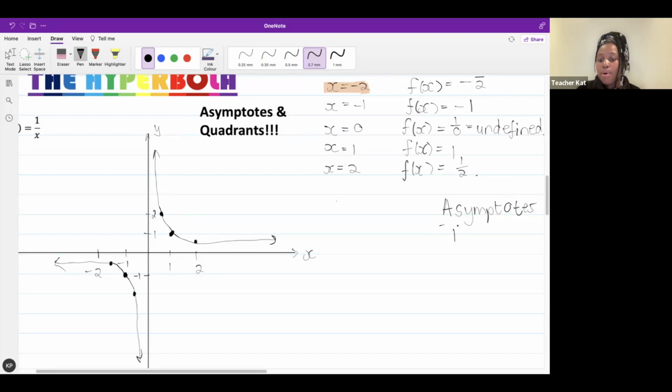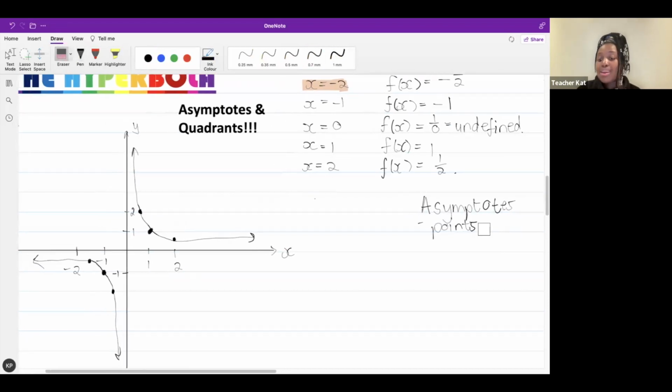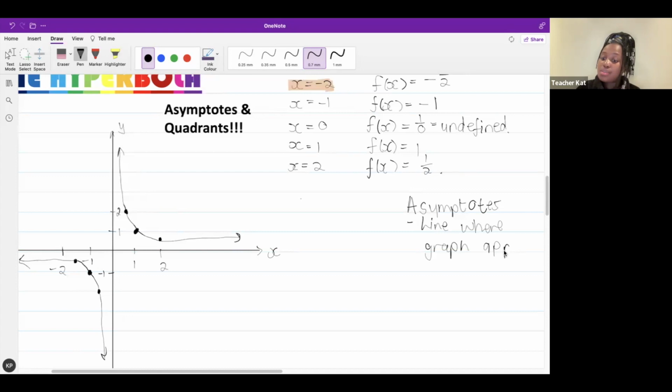Those are the points, or it's actually not points, those are lines where the graph will never touch. A line where the graph approaches but never touches.